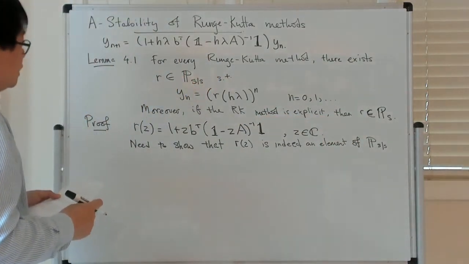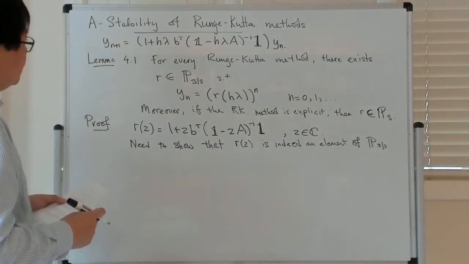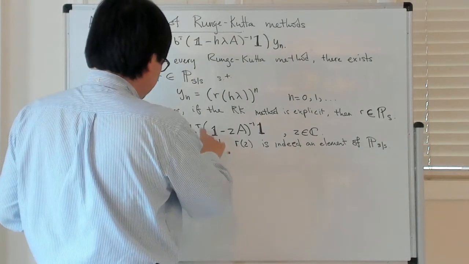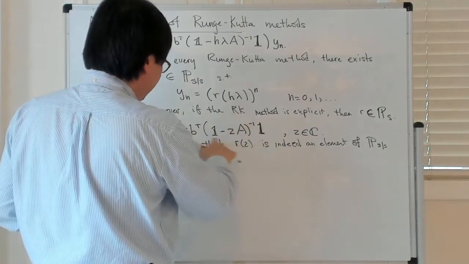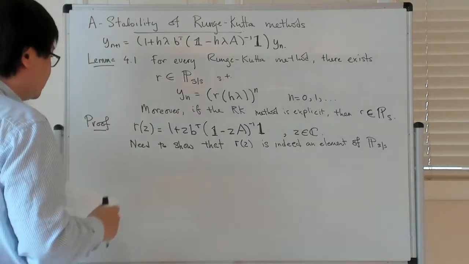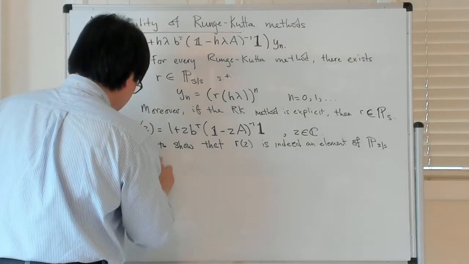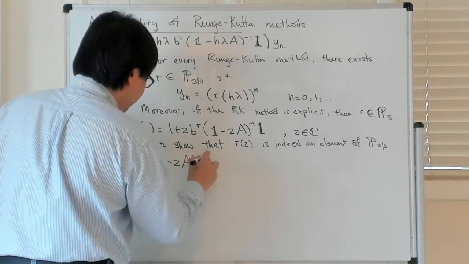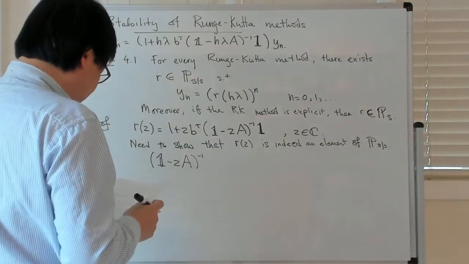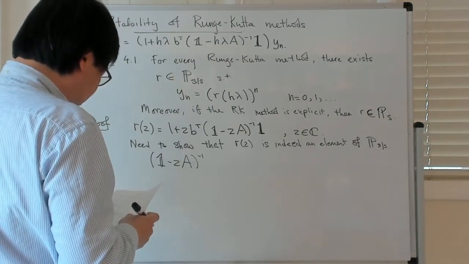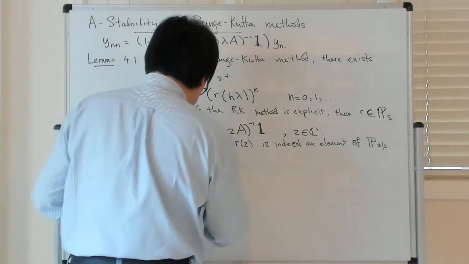So let's look at this. Of course, the main part one has to be mindful of is this inverse term. So let's look at what happens with the inverse term. If you look at the identity minus zA inverse, you can write down the explicit form of this in the following way.